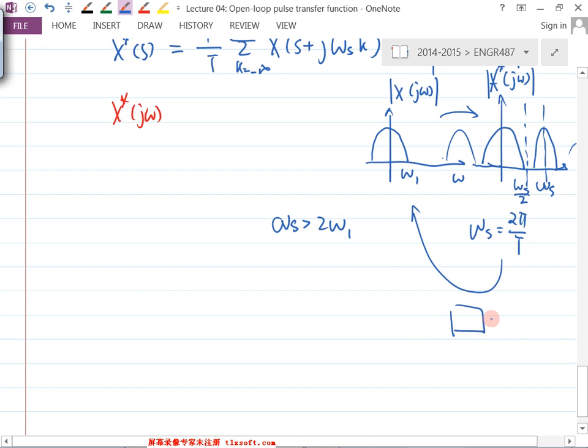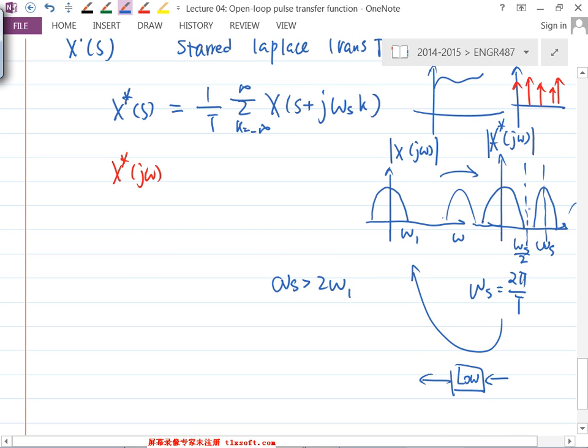I need a filter, a so-called low-pass filter, right? Now, if these two bumps overlap each other, then what comes out of the low-pass filter will not be exactly the same as the original bump. So that's the idea.